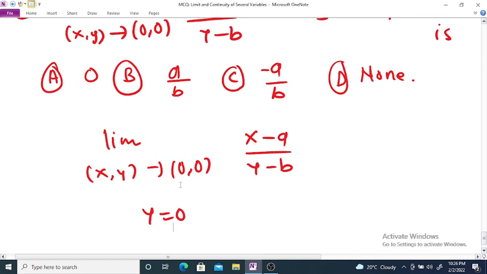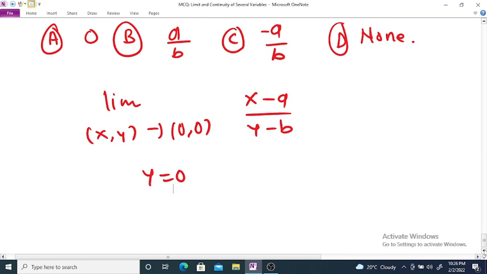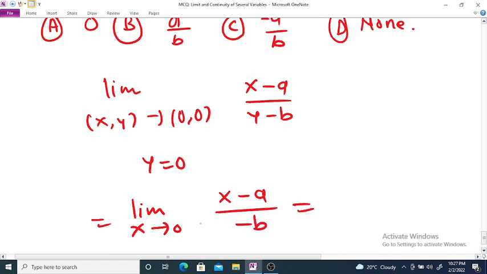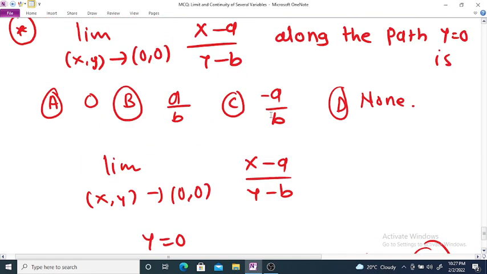As the path is y equal to 0, this limit becomes limit x tends to 0, as y is 0, (x minus a) divided by minus b. So if we put x is equal to 0, it is equal to minus a divided by minus b. So the answer is a by b. The correct option is option number B.